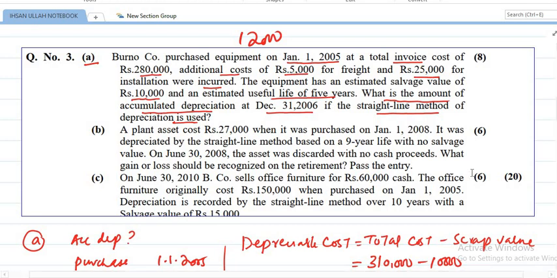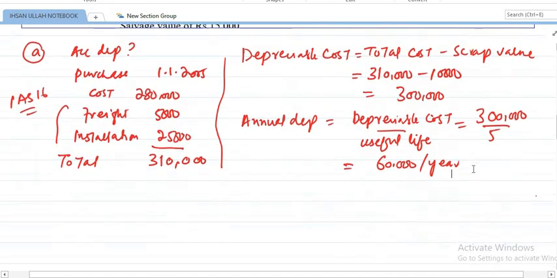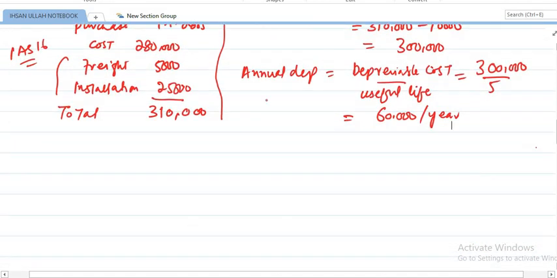Now the asset was purchased on 1st Jan 2005 and we need the accumulated depreciation on 31st December 2006, so we need depreciation for 2 years. The depreciation for 2005 is 60,000.